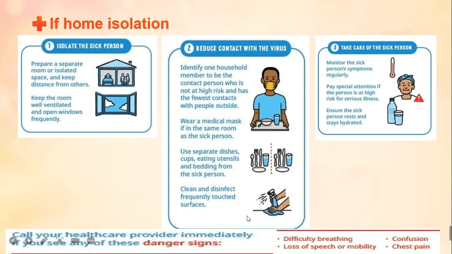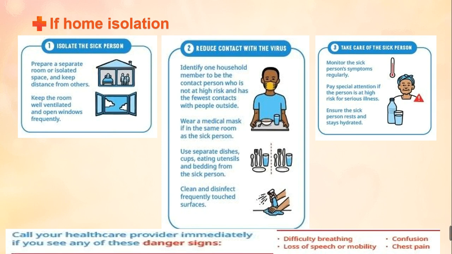Still, I'm telling you once again, home quarantine or isolation is not the extreme solution; since there is no other option or hospital beds are full, better you do home quarantine. But if you have any kind of other illness, even diabetes or some other chronic illness, then don't do home quarantine.